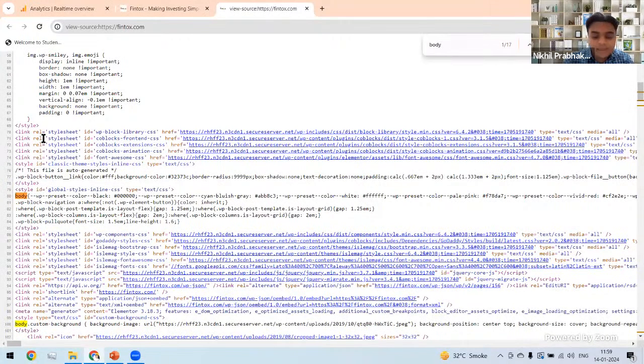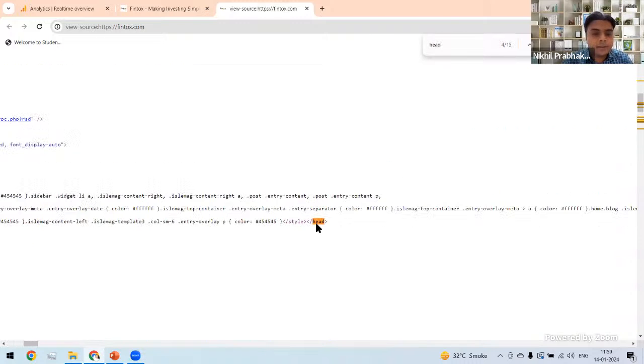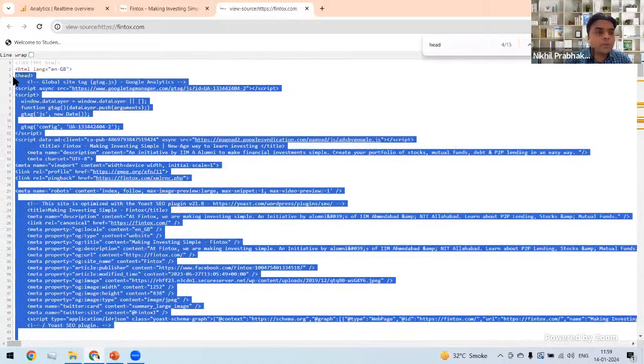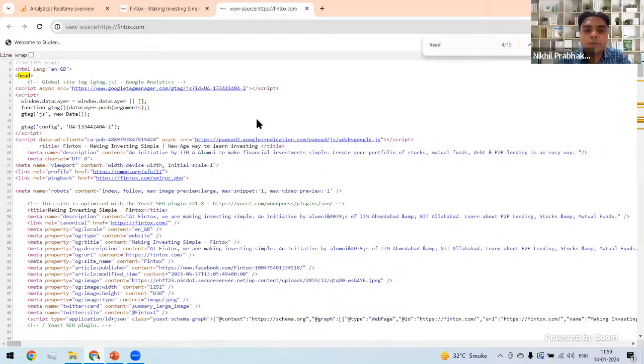Okay, so above that, it's all the head section. So let me type head. And this is where the head part of the code is ending. Okay, so this blue highlight is the head section of the website code. Now, this head section is something which is used for analytics. It is used for communicating to browsers, search engines, and so on. So most of the search engine optimization and marketing analytics is where we use the head part of the code.